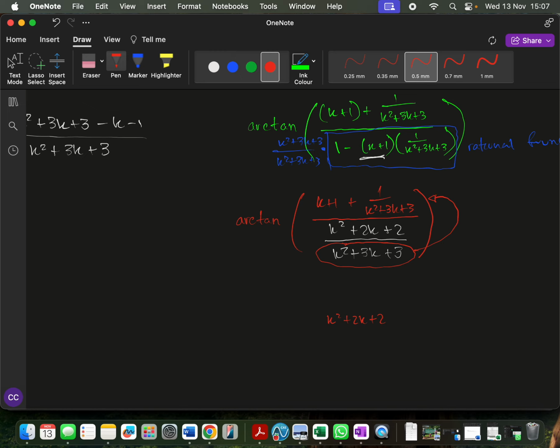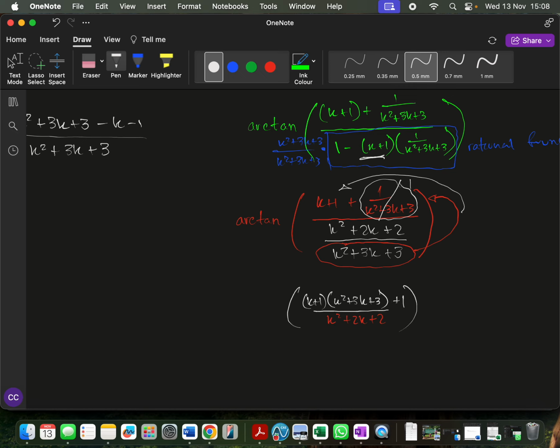Notice this here is going to go to 1. And then when I multiply that here, I'll end up with k plus 1 times k squared plus 3k plus 3, and then plus 1. Again, we're still taking the arctan.